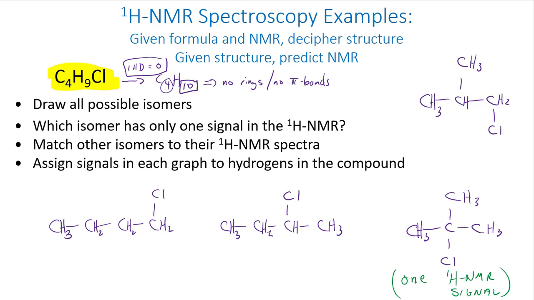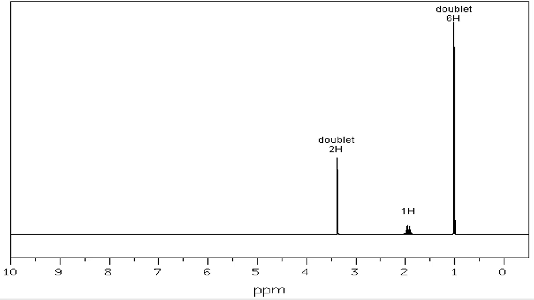So see if you can figure out which isomer of C4H9Cl corresponds to this NMR spectrum. Once you've figured that out, then label which signals in the graph correspond to which hydrogens in your molecule.